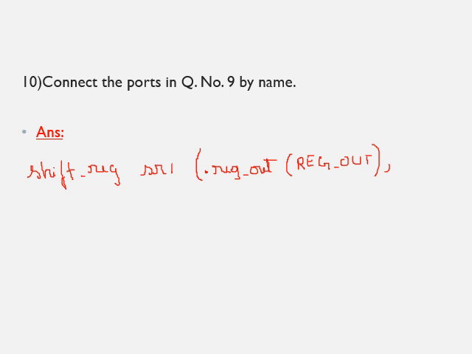So what I can do is I will write next clock. So .clock, this is the signal name that we have given in the module definition line, and in the stimulus module we have named it as CLK. Okay, then the last one is register in. So register in we have declared as small letter register in the module definition line, and which is to be connected to capital letter register in the stimulus block. Okay.